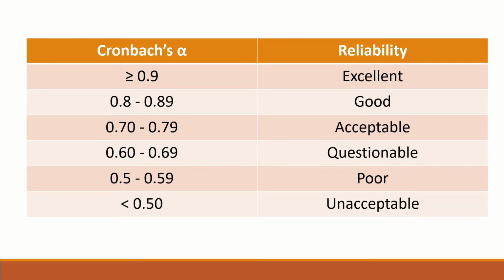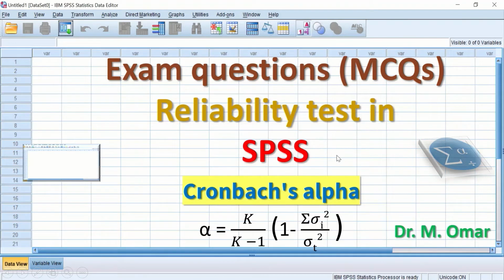An exam or a test that has a Cronbach's alpha less than 0.5 will have unacceptable reliability and will be an unreliable test or exam.